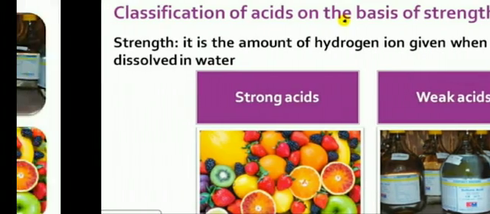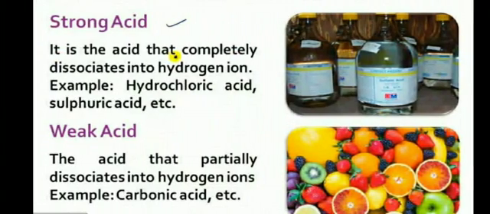They give hydrogen ions completely in water. Now, what are weak acids? Weak acids dissociate partially in water. They do not ionize completely in water. So they are weak acids, for example, acetic acid.